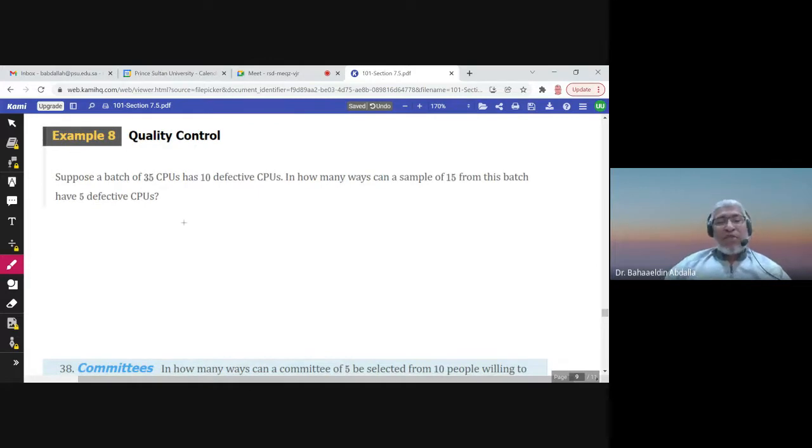Suppose a batch of 35 CPUs has 10 defective CPUs. So these 35 are divided into defective and good or non-defective. 10 defectives and 25 are goods, non-defectives.